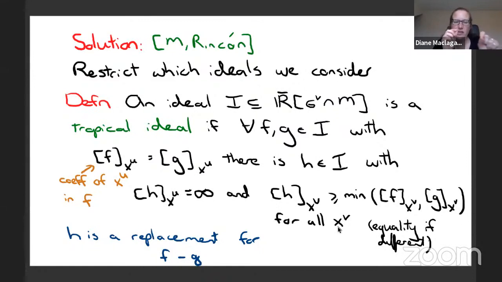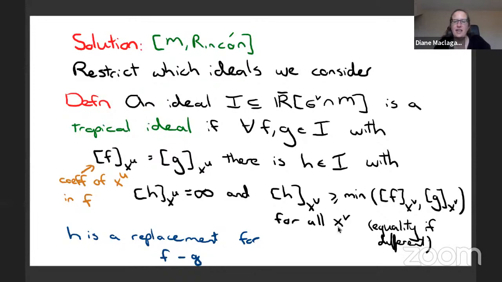So the coefficient of x squared y cubed is the same in both f and g. Now, if we were looking at polynomials over a field, and I had two polynomials in my ideal whose coefficient of x squared y cubed is the same, then I know that I can take their difference and get a polynomial whose coefficient of x squared y cubed is 0.